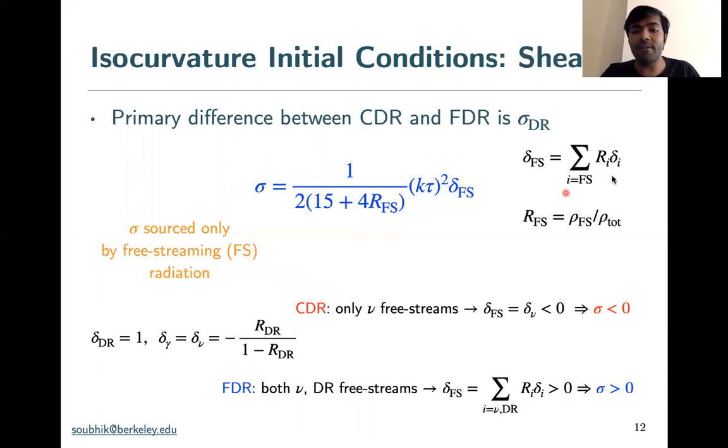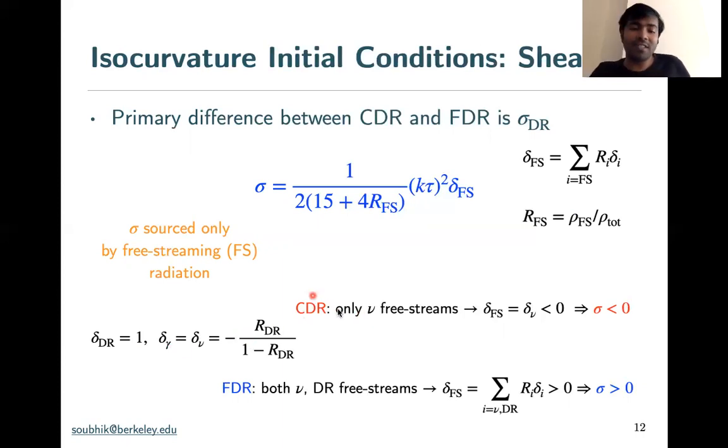Here, delta Fs is a weighted sum of the individual delta i's, where i runs over all the free streaming species that you have. Now I mentioned that for this, we have a compensation going on. So if you have an overdensity in dark radiation, then that corresponds to an underdensity in photons and neutrinos, right?